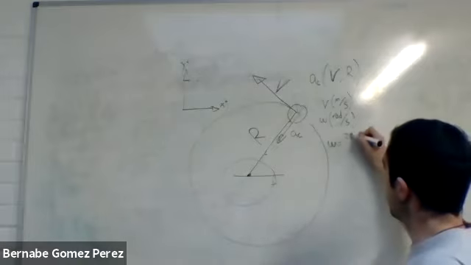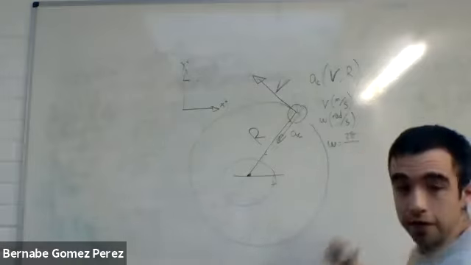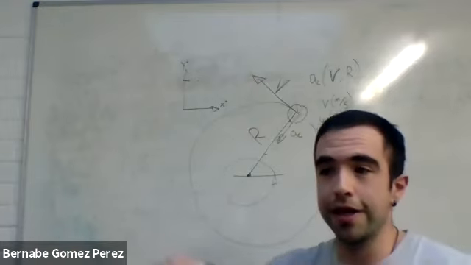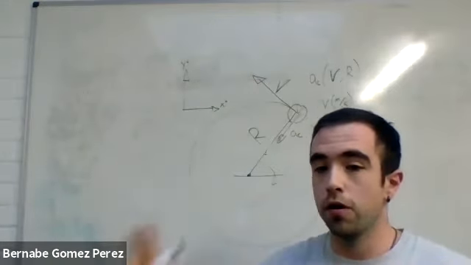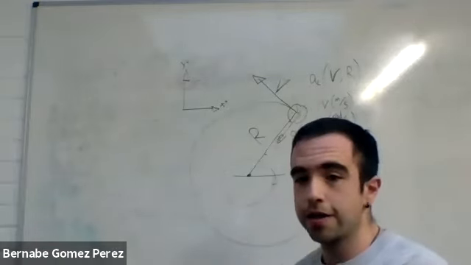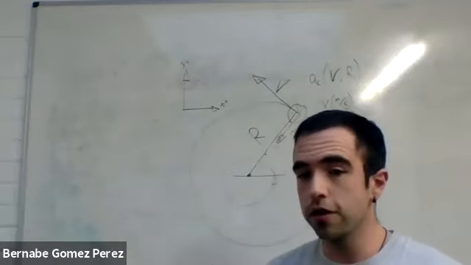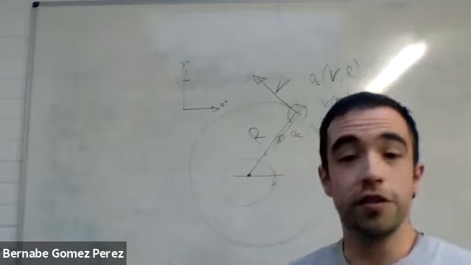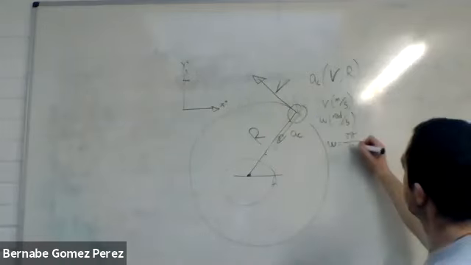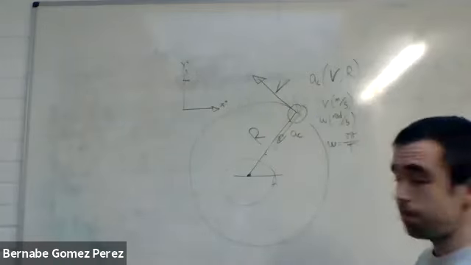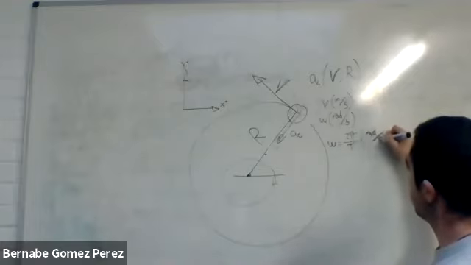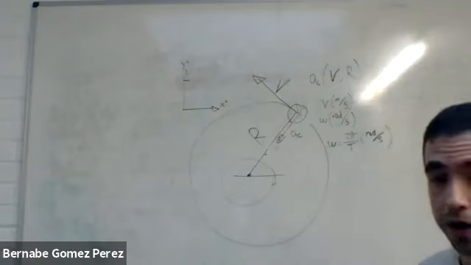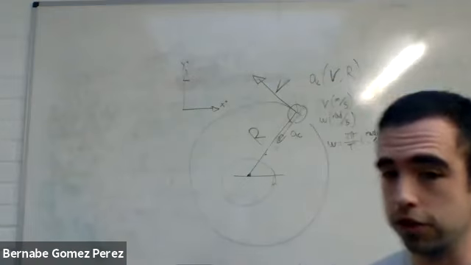We can do 2 pi divided by the time that I take to complete a circle. And what is defined as the time that I take to complete a full circle? It is the period. 2 pi divided by the period. Radians divided by second, okay? Now we have the angular velocity.